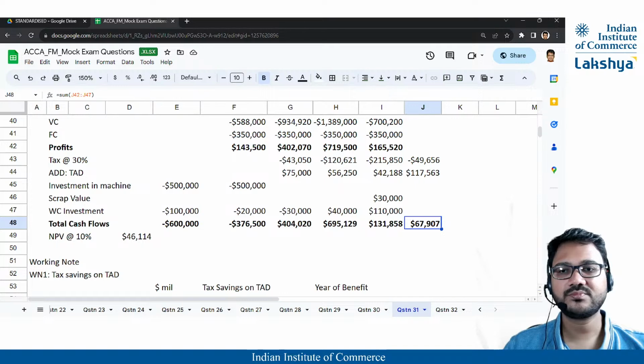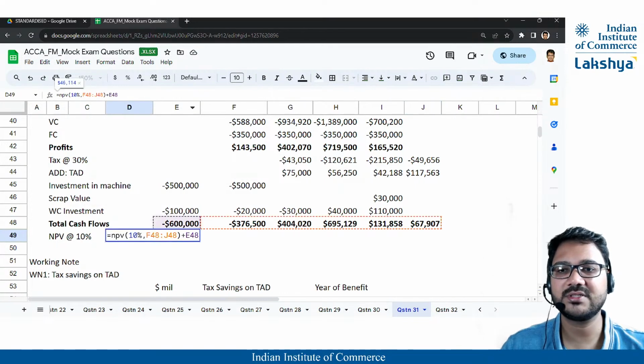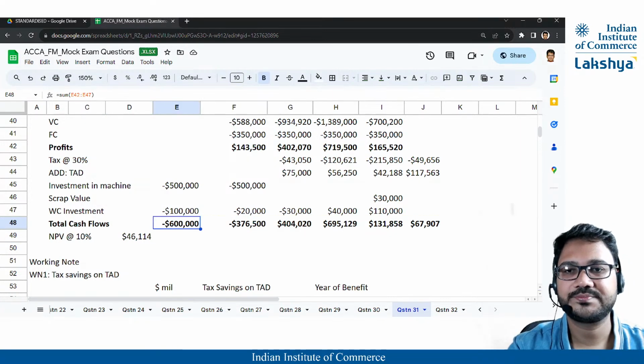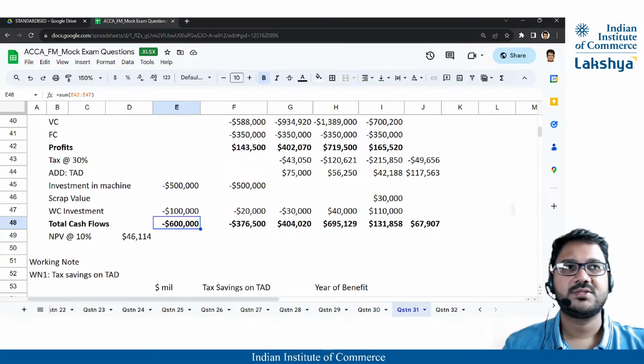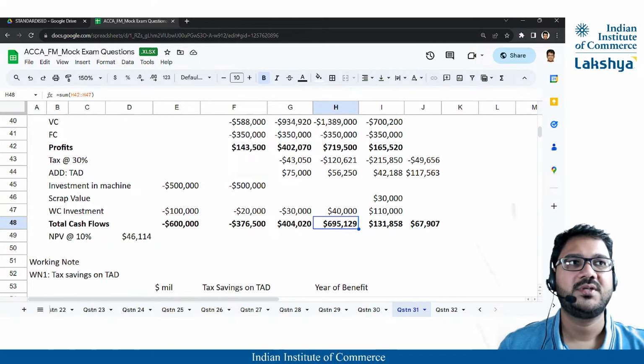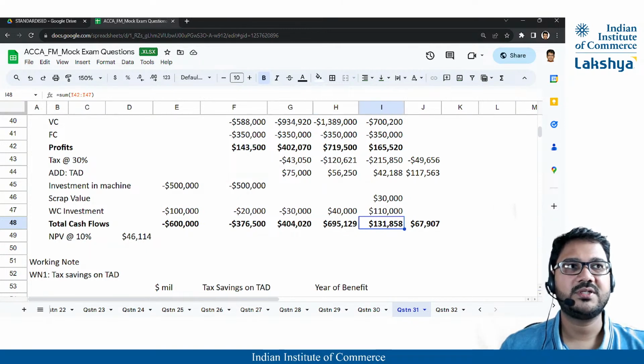And when we find the NPV, we'll find out that the NPV is, wait, 600, 376, 500, 404, 695, 129, 131, 858, 67, 907.